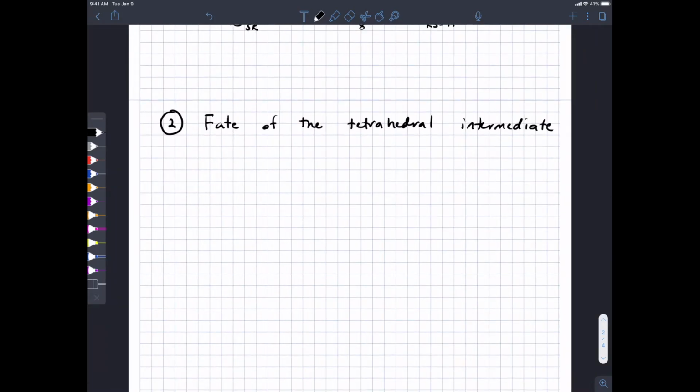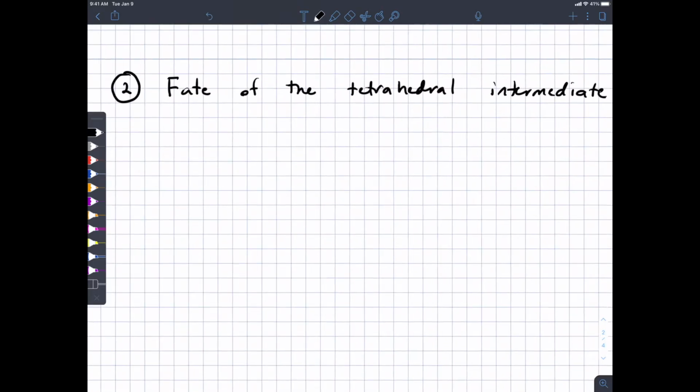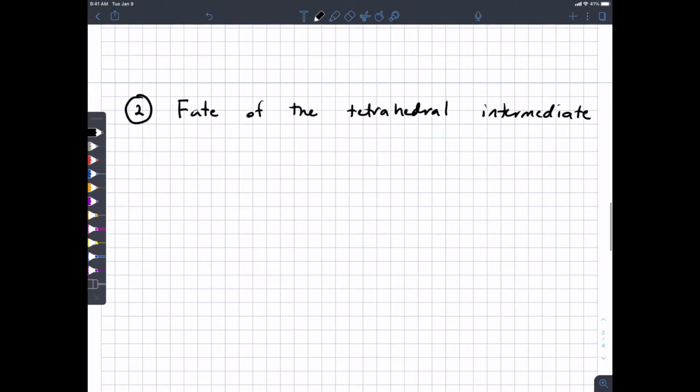Attack of the nucleophile, fate of the tetrahedral intermediate. Thank you for the charity laughs, I appreciate that. I'm coming off a whole break of being with my teenage sons entirely too much, so it's good to be back among some more mature people.